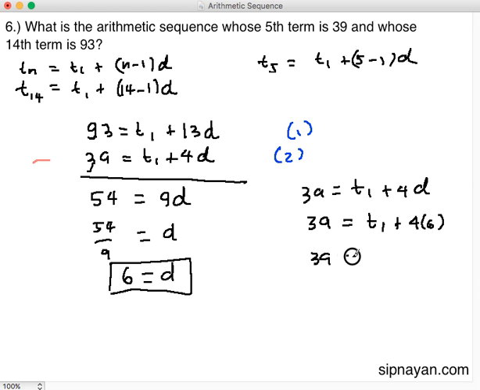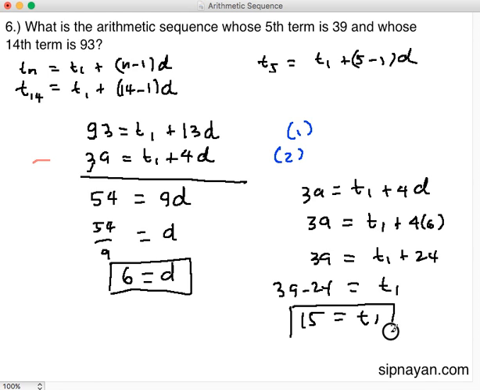So 39 equals t sub 1 plus 24, and then we subtract 24 from both sides. We have t sub 1 equals 39 minus 24, which means that t sub 1 equals 15. Okay? So, pag nakuha mo na yung t sub 1, saka meron ka ng d, alam mo na yung arithmetic sequence.